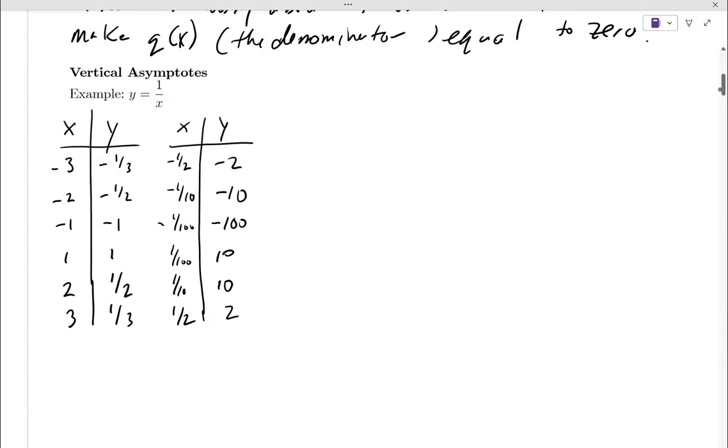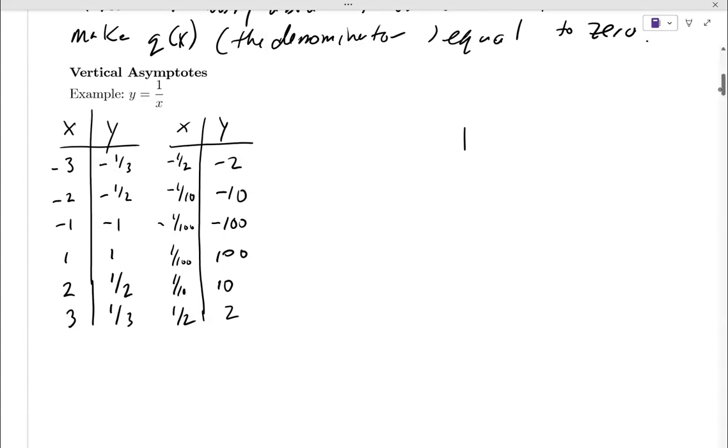And the same thing, we get +100. So what's happening here? I'm putting in really, really small numbers and dividing by them, and I'm getting things that are getting really big, right? If you put in 1/1,000, you get out 1,000. If you put in 1/1,000,000, you get out 1,000,000. So the closer our x's get to 0, our y's are getting really, really big.